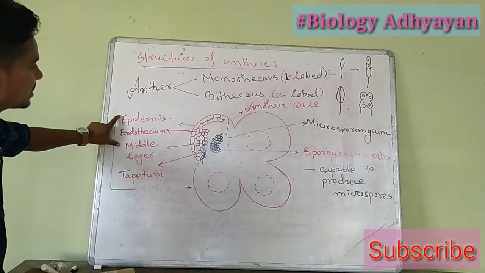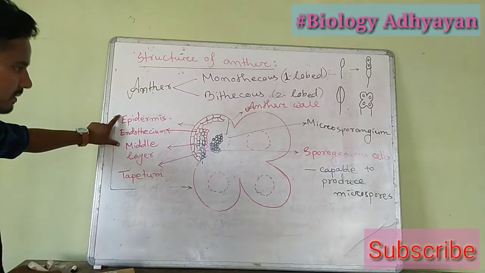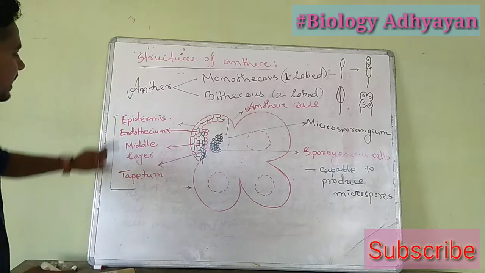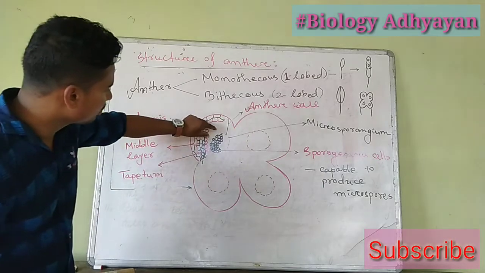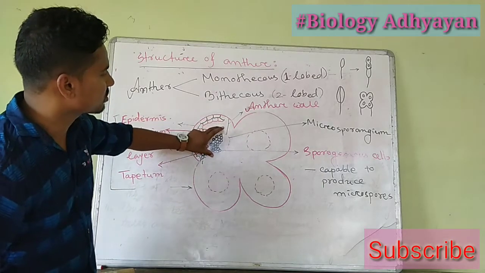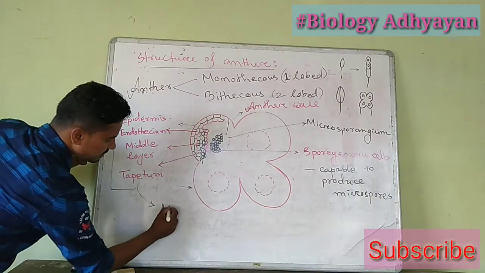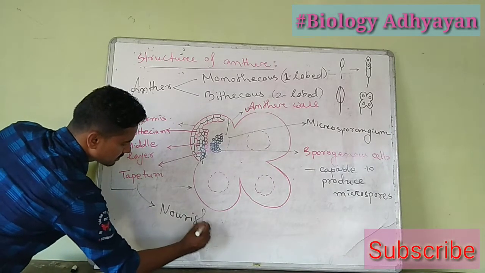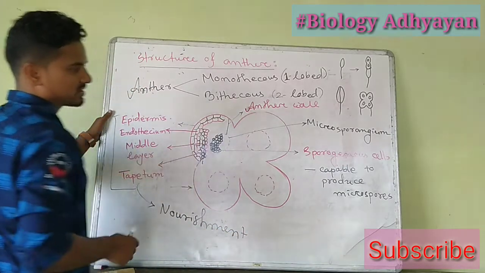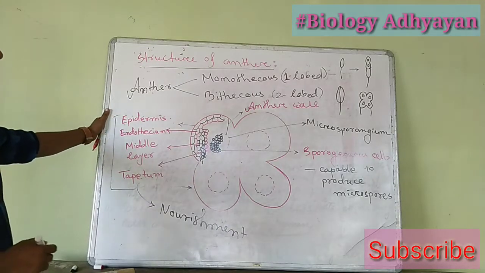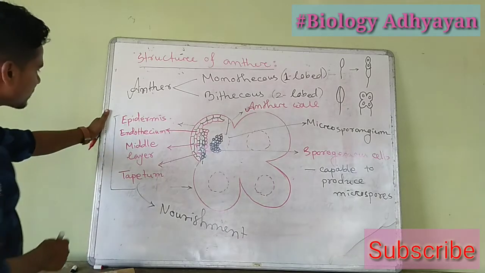The first three layers usually help in the protection of the microsporangium or the entire anther, and the tapetum, the layer that remains attached to the microsporangium, provides nourishment to it, so that microspores and other activities can take place inside.